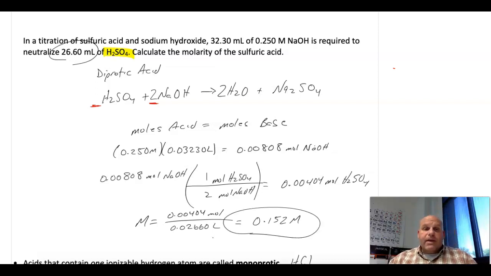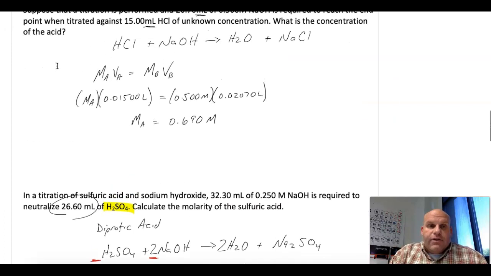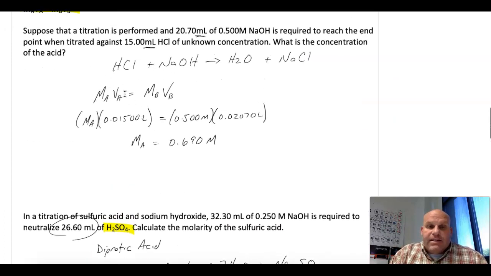So just be careful as I'm looking at the acids and bases being used. If I have something other than a 1-to-1 ratio, I just have to do a little extra. I cannot just straight away use this relationship: molarity of acid, volume of acid, molarity of base, volume of base.